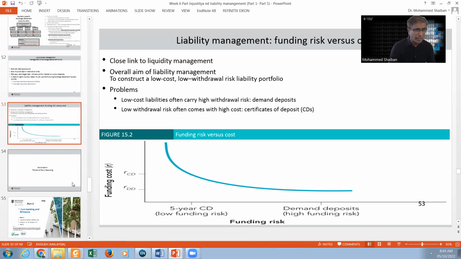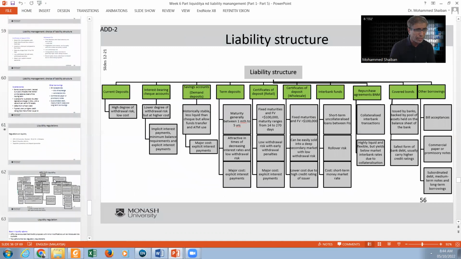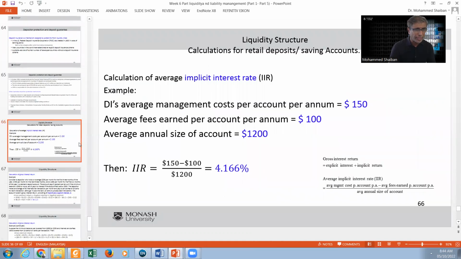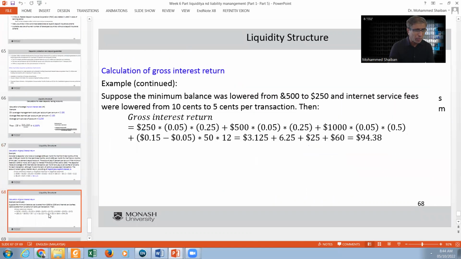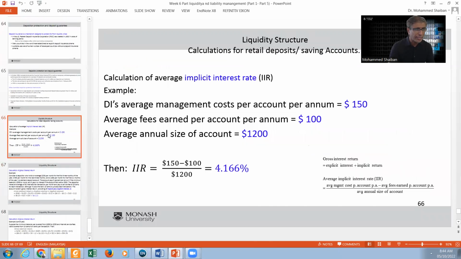Be aware of this, please. And then you can ignore all of this except for the calculation when we talk about the implicit interest rate. We have two problems here, and I want you to be aware of this and this, in these slides.